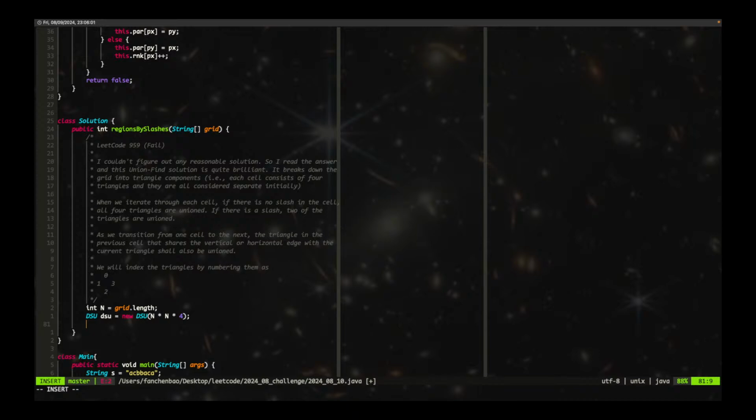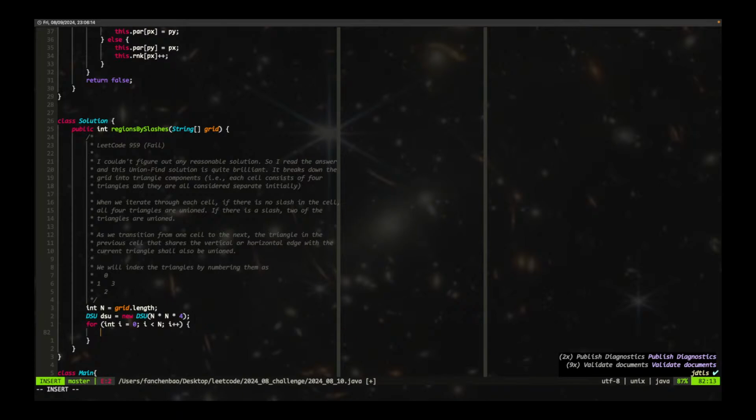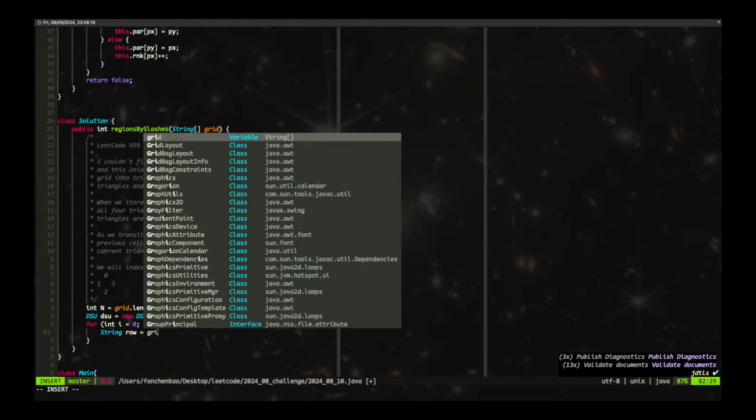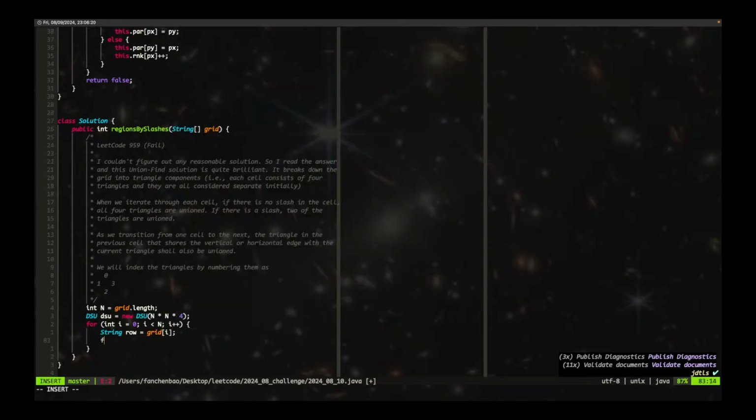I need i. I need j. Row is grid[i]. Okay, so now I have the row.